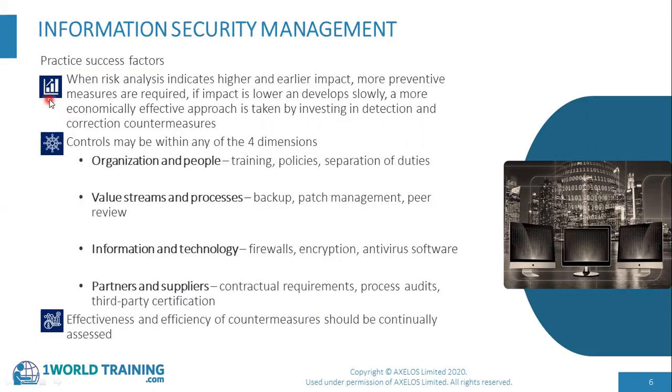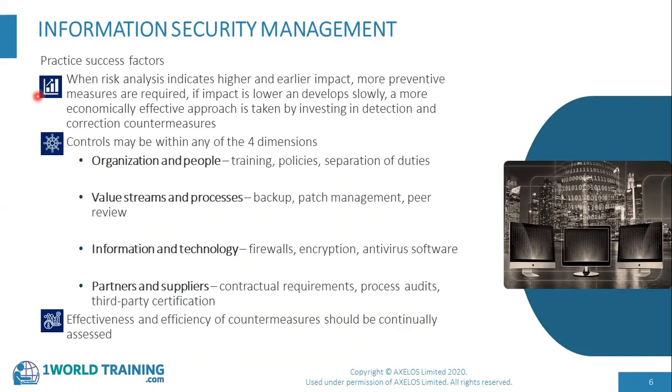When risk analysis indicates higher and earlier impact, more preventive measures are required. If impact is lower and develops slowly, a more economically effective approach is taken by investing in detection and correction countermeasures.